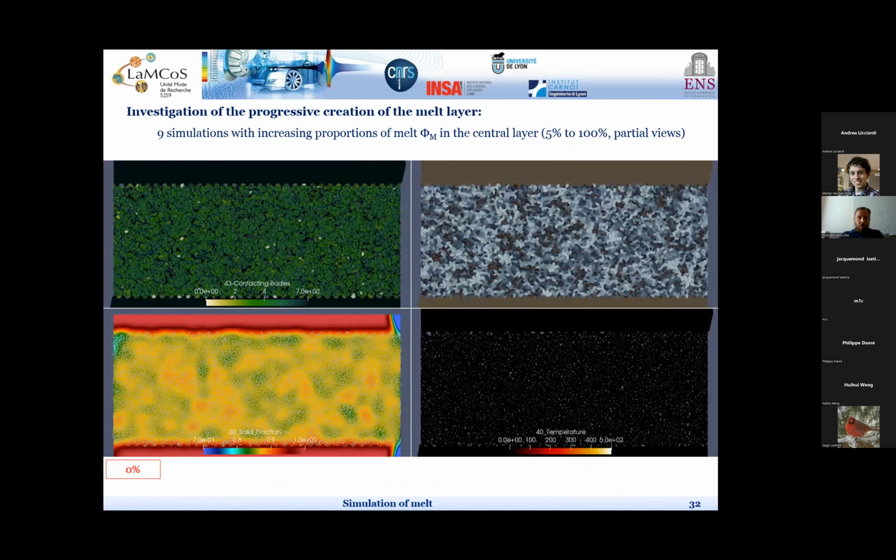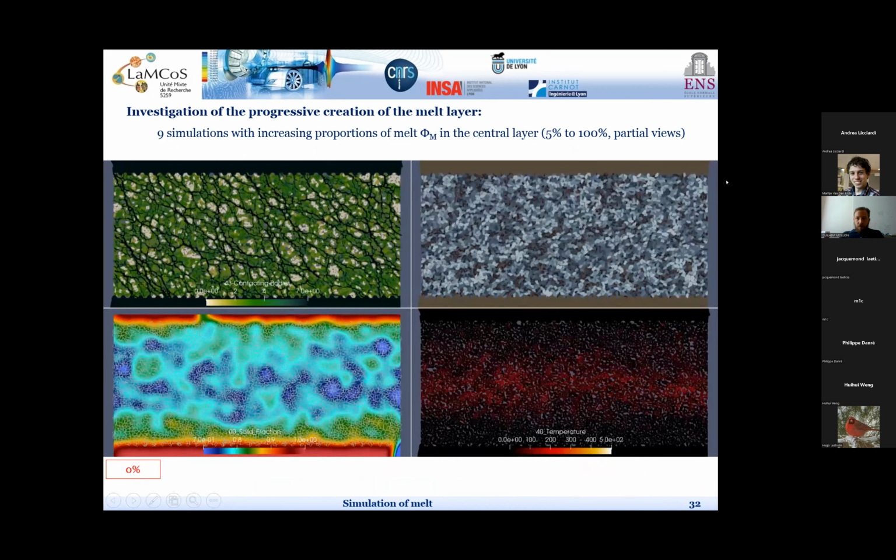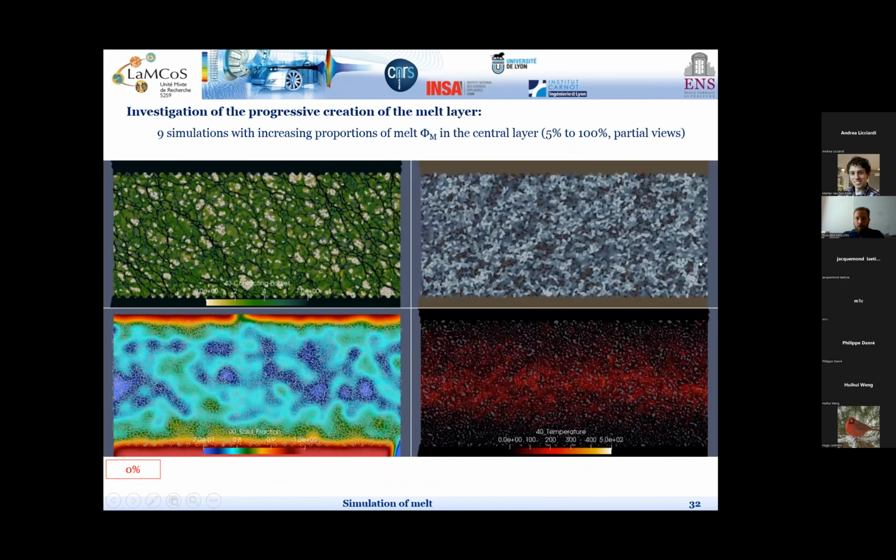Let's see how it behaves. So this is the case with 0% melt, the simulation with a completely dry layer. What we see is that the full layer contributes to shearing, and that the temperature increase is distributed in all this layer, as we saw before. Now, we just introduce 5% of molten grains in this central layer here, and observe how it changes the behavior.